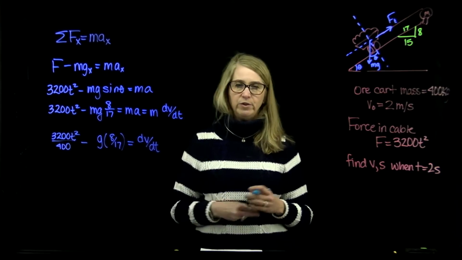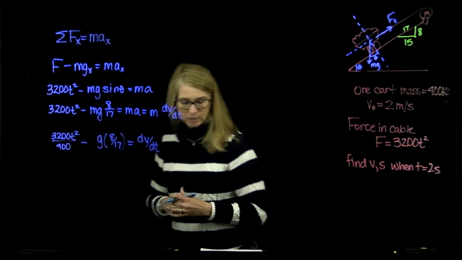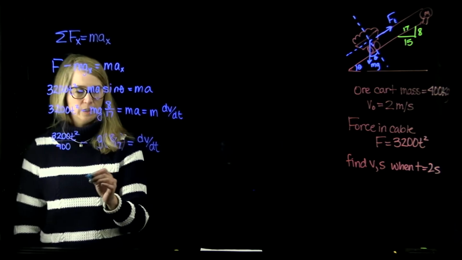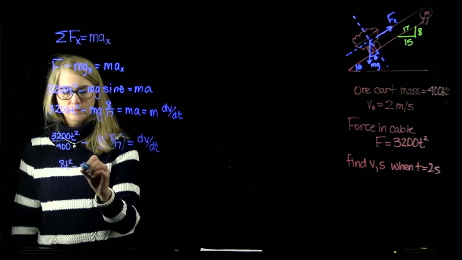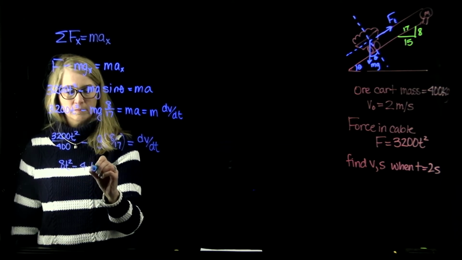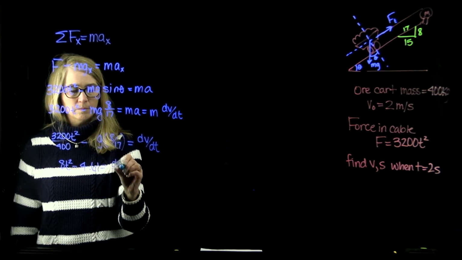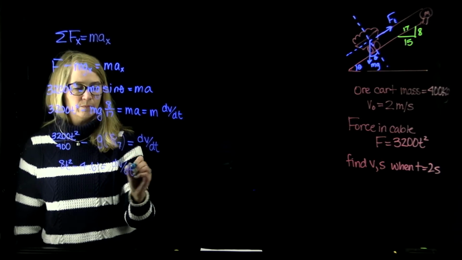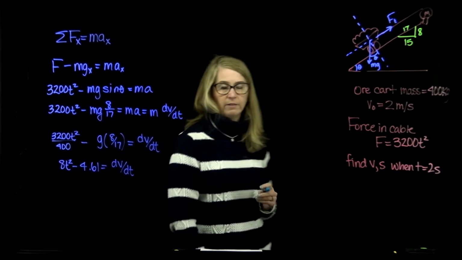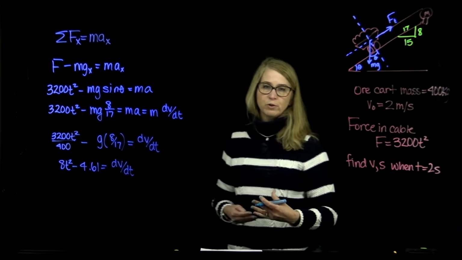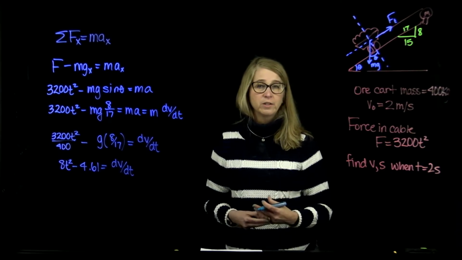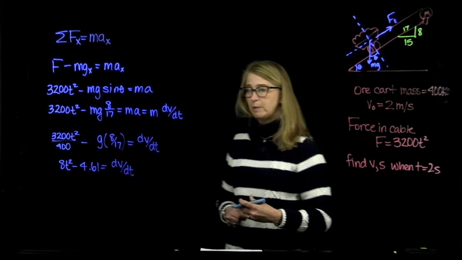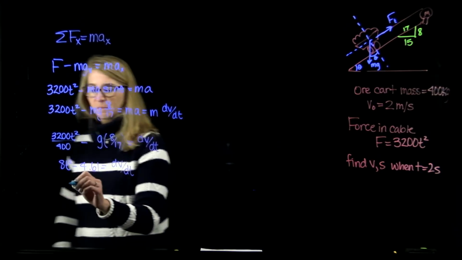And over here we have just dv/dt. So I want to simplify this just a little bit by putting in the values that I know. And so now what we have is a differential equation of the simplest kind, where we can just solve this and integrate after we separate our variables.